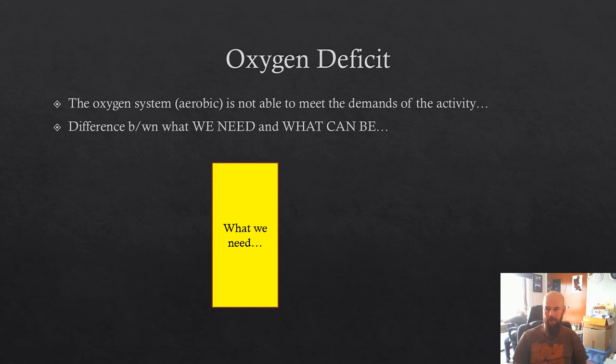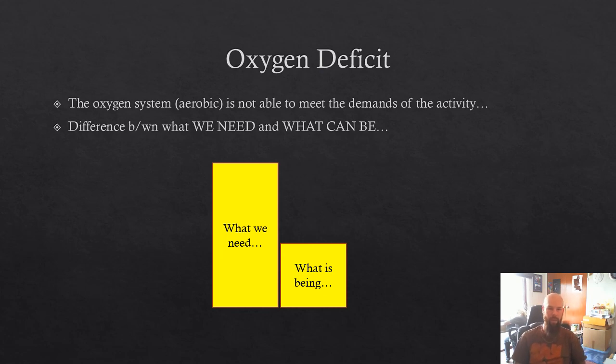So let's say this is what we need, but this is what's actually being produced at that point in time. We've literally just started a 100-meter sprint. So this section here, that's the oxygen deficit.